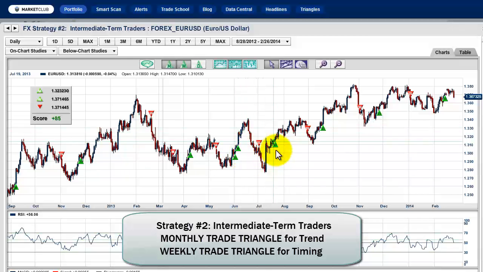So we get long again here on the 22nd at 131.80. The market moves up. We're out at 132.10. I'm happy to say that produced a very small profit of 30 pips. Out again, we get back in at 133.92. The market moves up. We exit this position at 134.78, and that produces a profit of 86 pips.